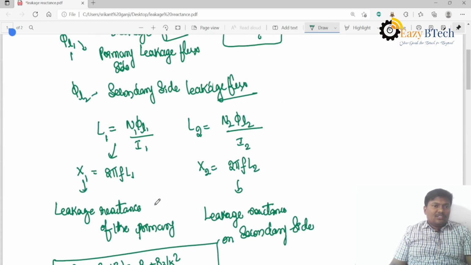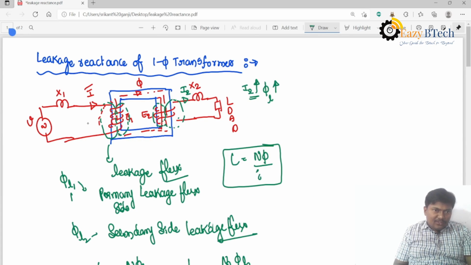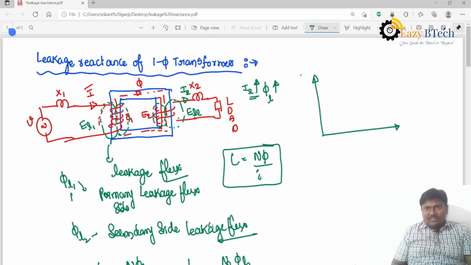Similarly, due to this leakage flux, an EMF is induced. That leakage EMF is EL1, and here also a leakage EMF is produced, that is EL2. If you draw the phasor diagram, this is V1, and the magnetizing component of current and the wattful component of current, the resultant current is our no load current.